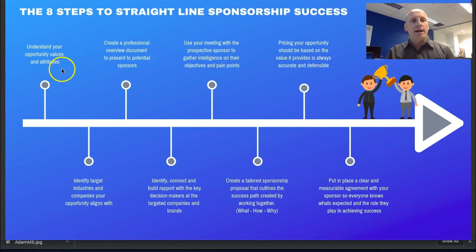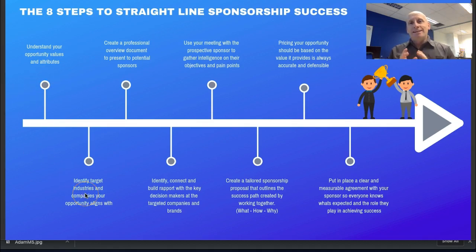First up, you need to understand your opportunities and attributes. That means you need to identify what values you can bring to a potential corporate partner. Really important, and you will have specific values and attributes around what you're doing, unique things that are unique to your DNA.